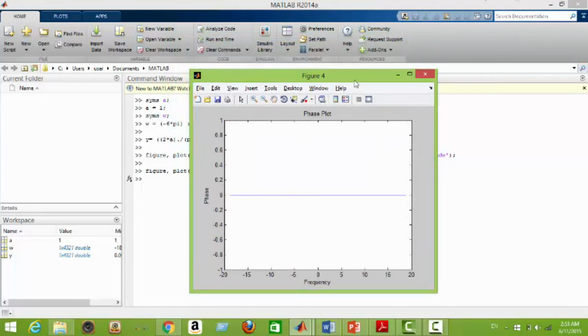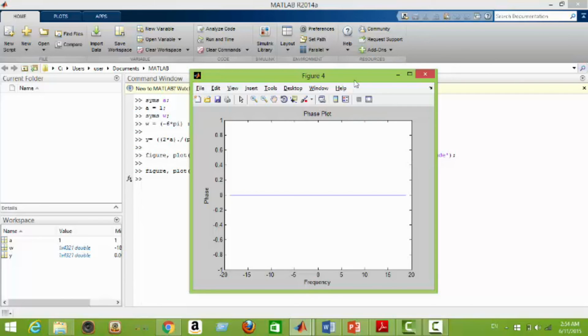Here it clearly shows that the phase spectrum of the function is equal to 0. Since our amplitude spectrum is a symmetrical graph, this is a unique case.